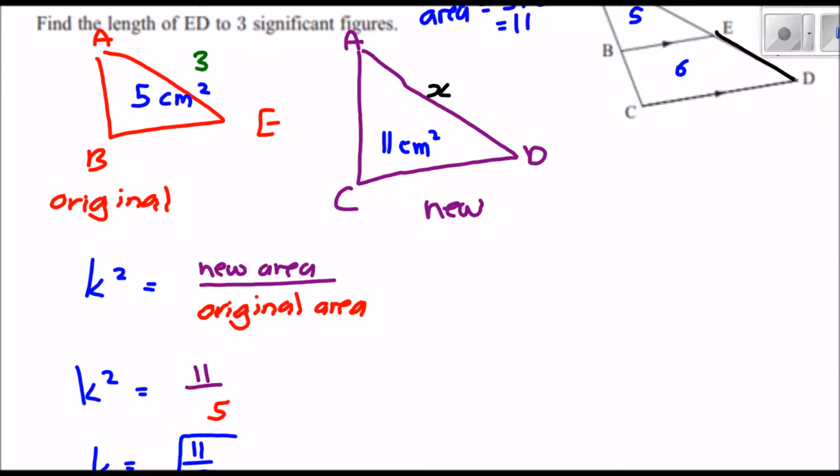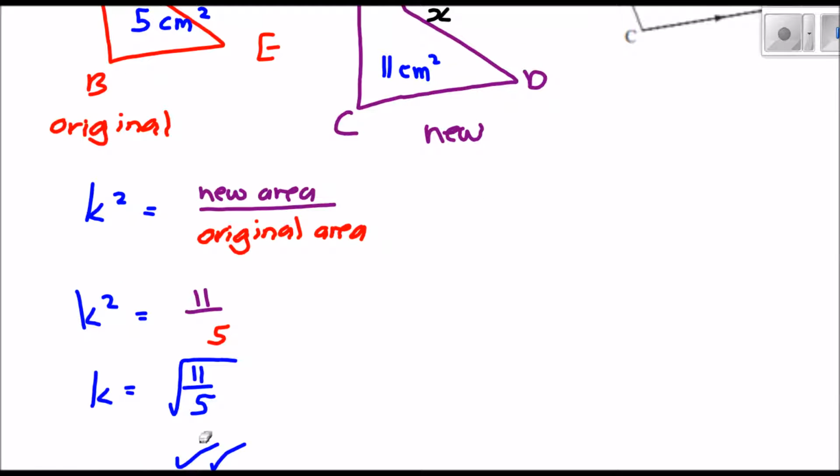So now what we need to do is work out what x is, and then don't forget we then need to work out what ED is by subtracting 3 from the answer to x. So now we're going to find x. Let's divide this off so we can have some logic to what we're doing.